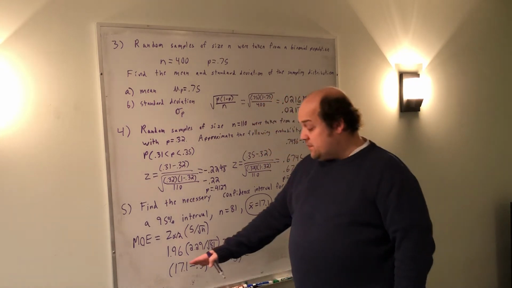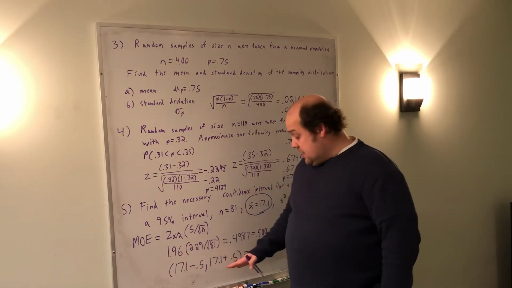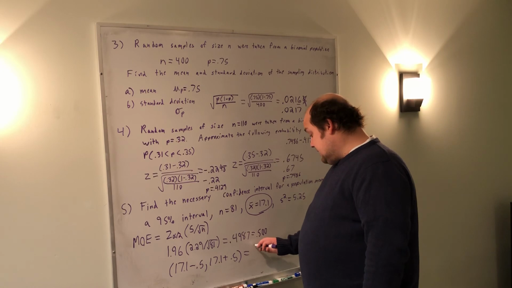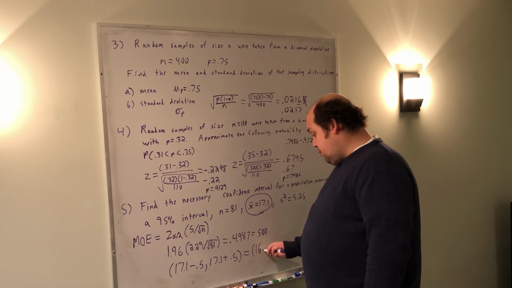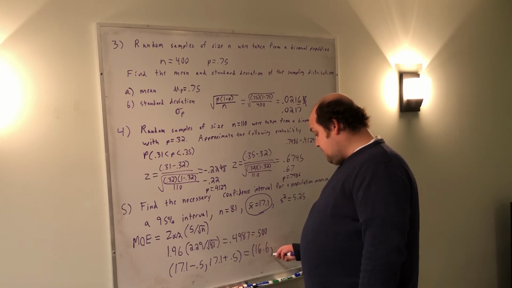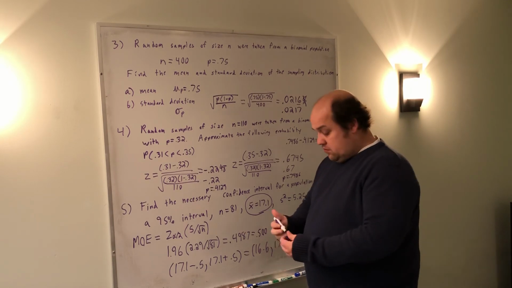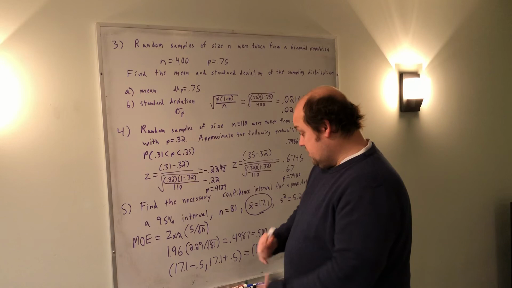It always must be the case that it's smaller number and then larger number. So here I get 16.6, comma, 17.6 as my final confidence interval.